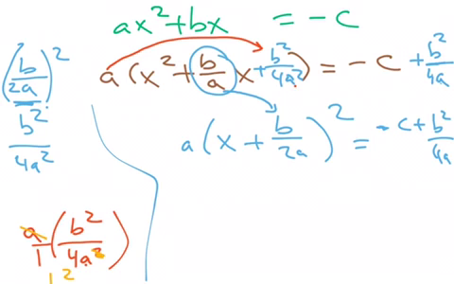Okay? Makes sense. Now, I'm going to have to eventually square root this to get rid of it. But why don't we divide by a? Yeah, that'll make life easier.